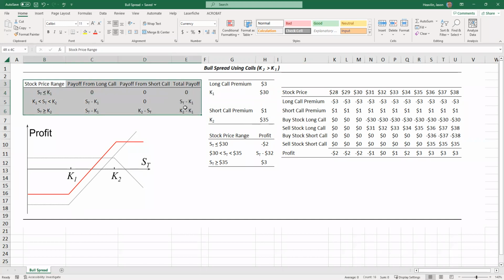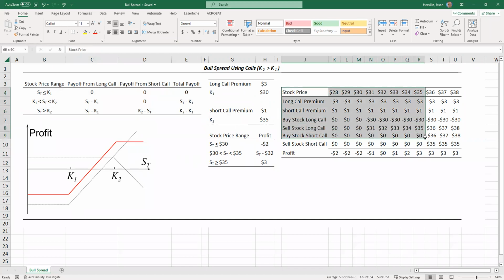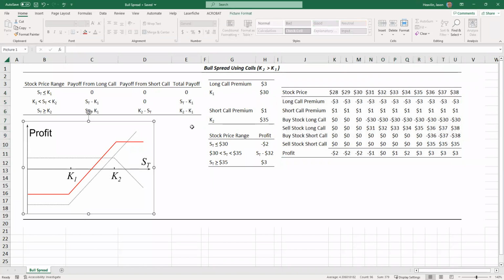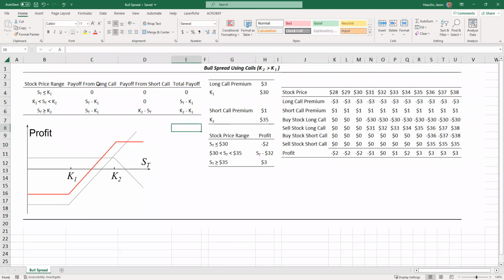We're going to talk about this table first, explain what those numbers are, where they come from, how they relate to the profits, and how you can visualize it through this table and this chart. So let's start here.